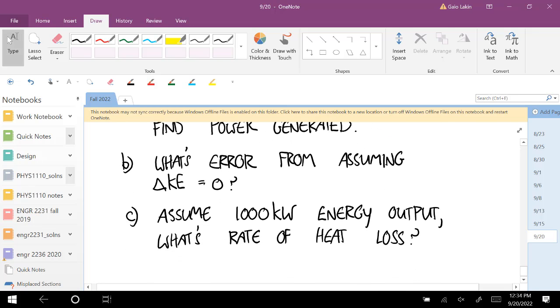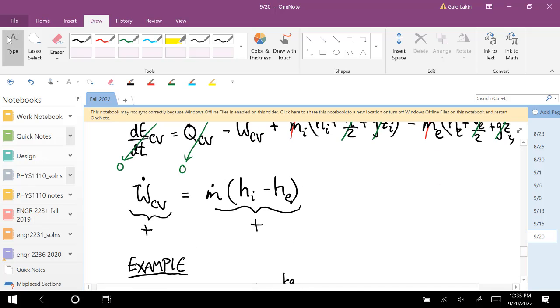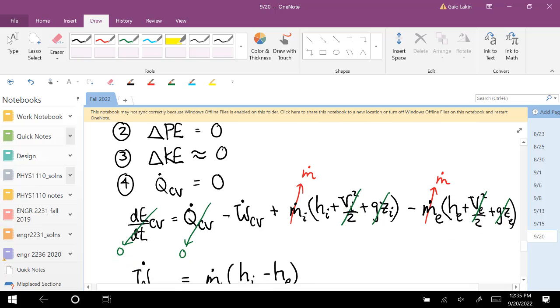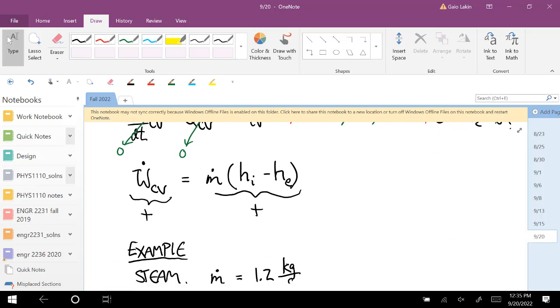Is that just the assumed inefficiency heat loss? Yeah, that's the last non-zero thing that you would have to worry about. Since we'll already have calculated the real change in kinetic energy, for B and C, instead of using this simplified form here, we'll have all the terms in, and we'll calculate that heat loss, yeah.